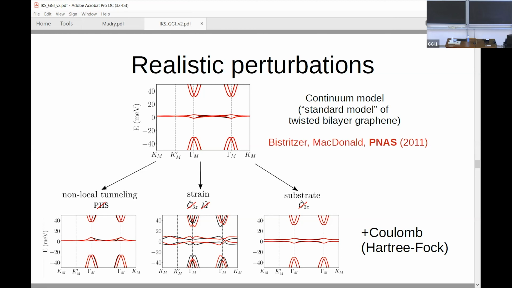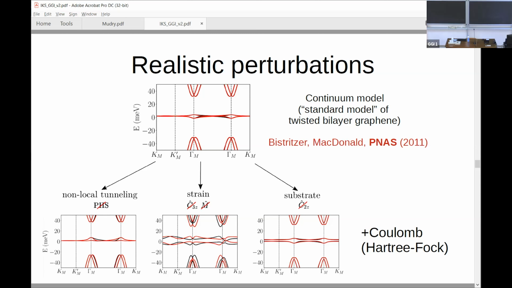And then we can also add terms to the Hamiltonian which break particle-hole symmetry, which is also known to be the case in experiments. And finally, we take into account the fact that these samples typically sit on top of a substrate like hBN, and the interaction of the twisted bilayer layers with the substrate is going to be important as well.